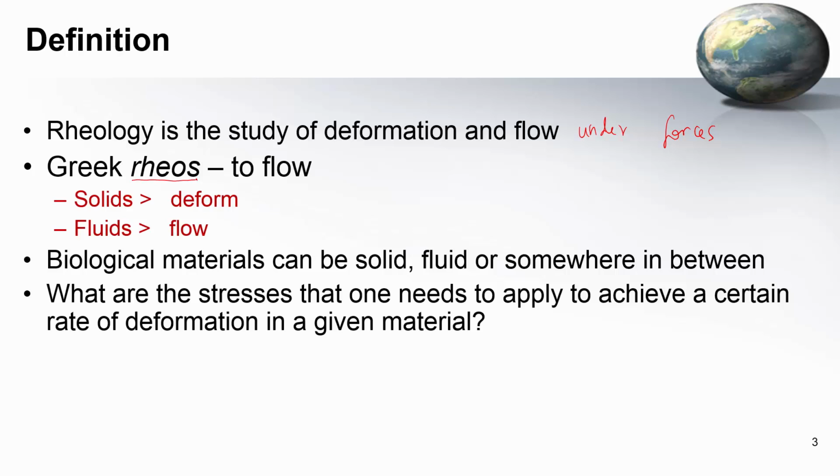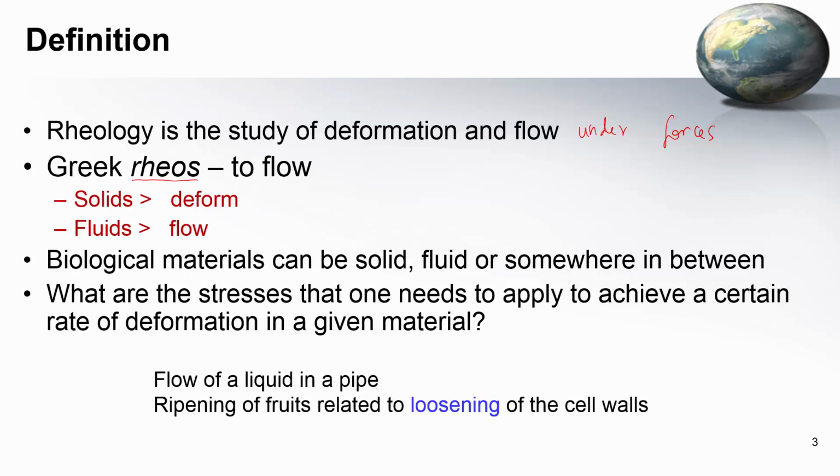A muscle tissue has more than 80 or 85% water. So biological materials fall in between. A lot of the time these rheological properties are important in understanding how a liquid flows in a pipe, or how much stress you need to apply for a certain amount of deformation.